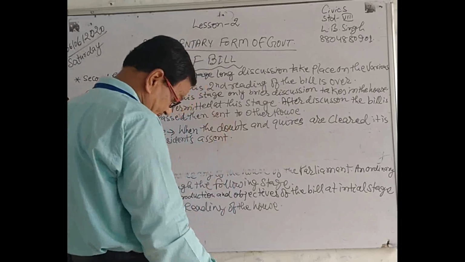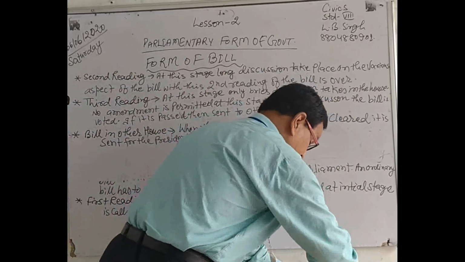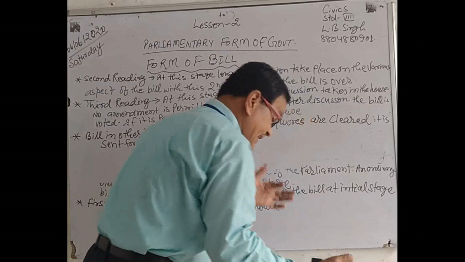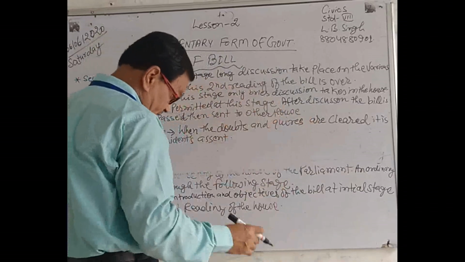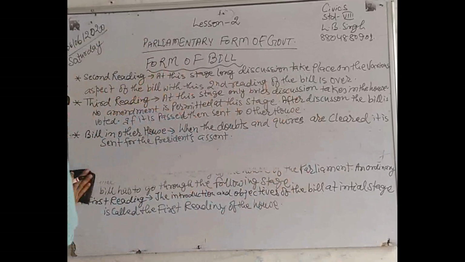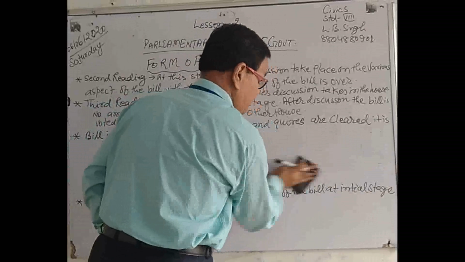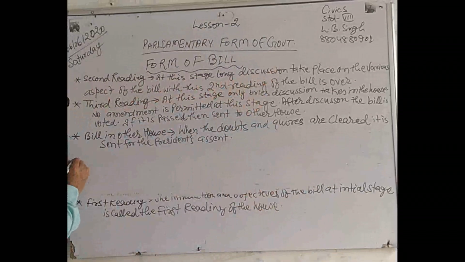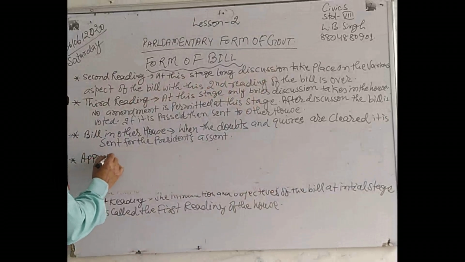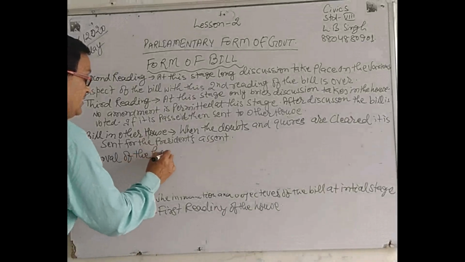I have mentioned after the assent of the president, it is coming for the approval of the president. After that, the next heading is approval of the president.